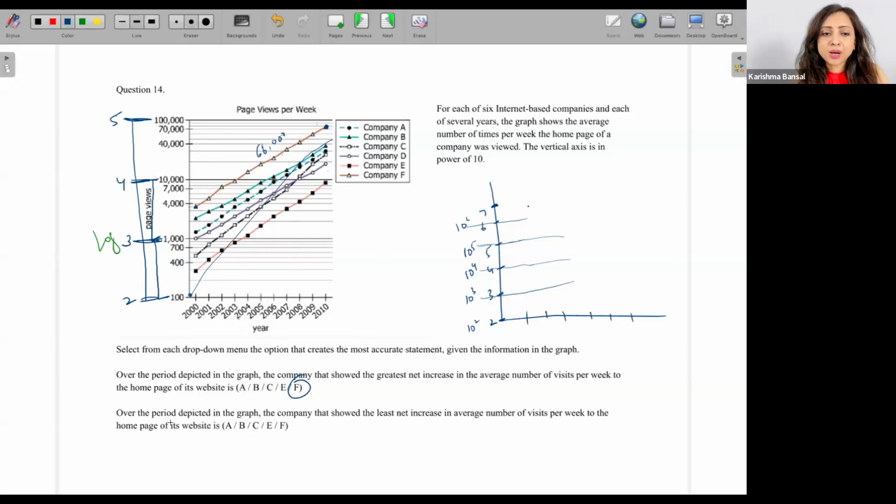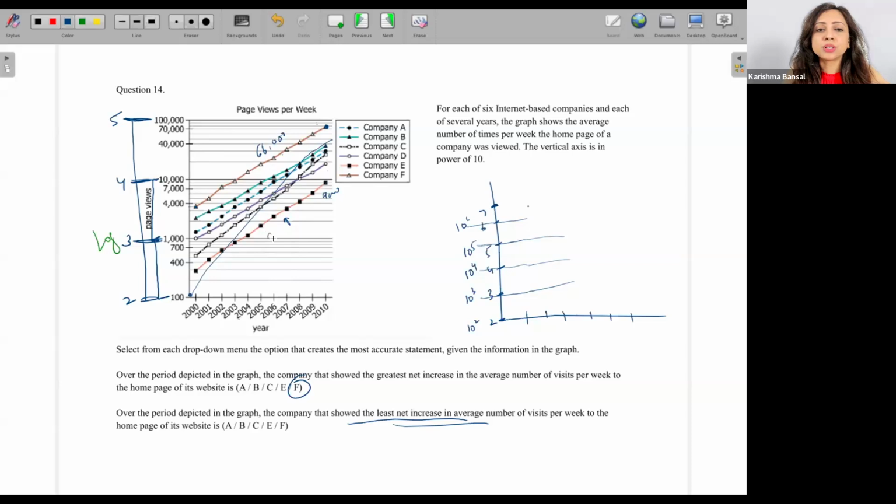Then it asks which showed the least net increase in the average number. So least increase from here to here. On the same lines, this was the maximum increase, so most likely this is going to be the least increase. Again, logarithmic scale. This is at its lowest point. This is about 9,000 over here and this is about 300 over here, so the difference is a little less than 9,000.